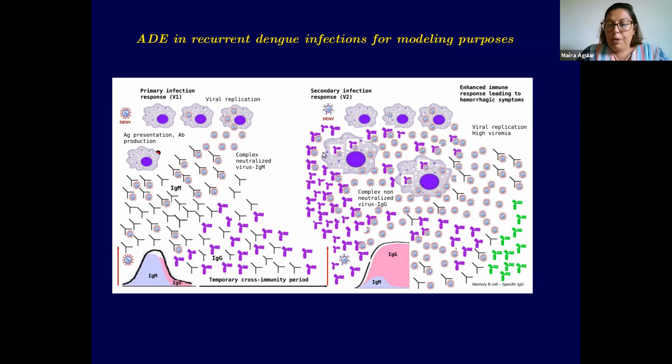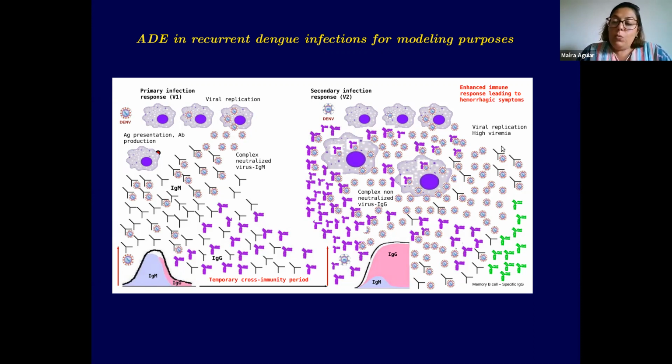So you end up with an antibody-virus complex with this virus still active, helping it enter the susceptible cells and enhancing replication. So what you have is an enhancement of viral replication due to this complex of non-neutralized virus and pre-existing antibody, which later on will turn on again the primary response with IgM, and only then production of specific antibody against this virus.